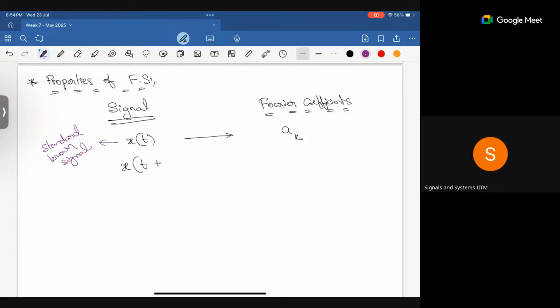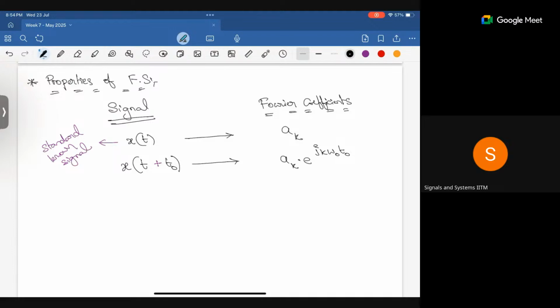If you know this, then for x of t plus, let's discuss plus first. If I shift it by some t naught units to the left, then the Fourier series coefficients will get multiplied by e power j k omega naught t naught. And the beauty is it's not always formulas.